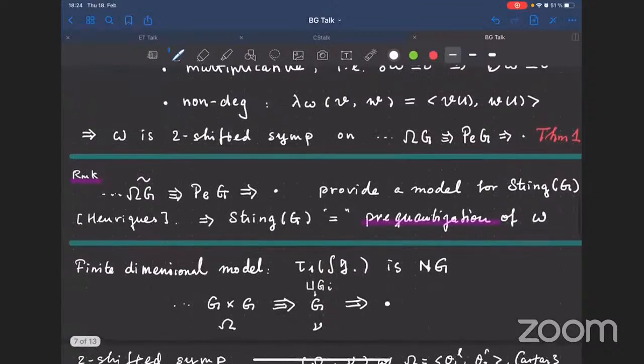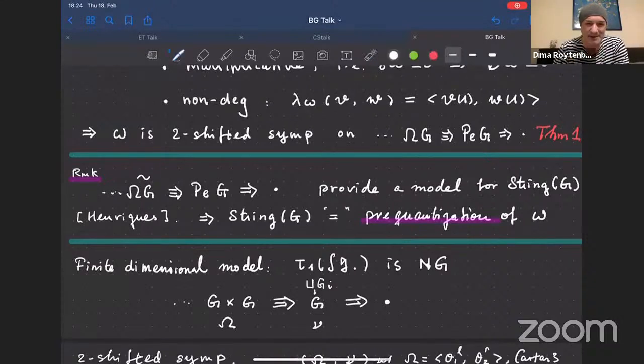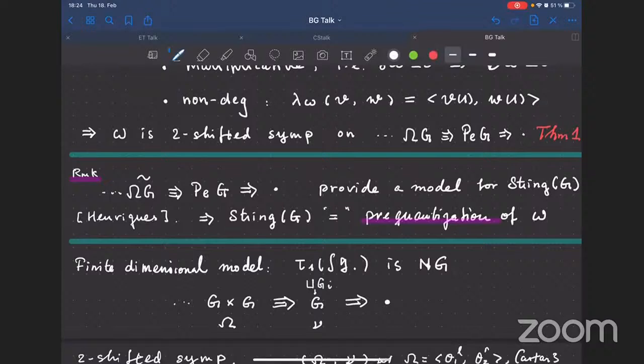Right over here. You see, may I ask you a question? The gain of this infinite dimensional structure is that we have a really natural two form over there, right? Yes. And if I just have the finite dimensional hypercover like this, then what would be the two form?